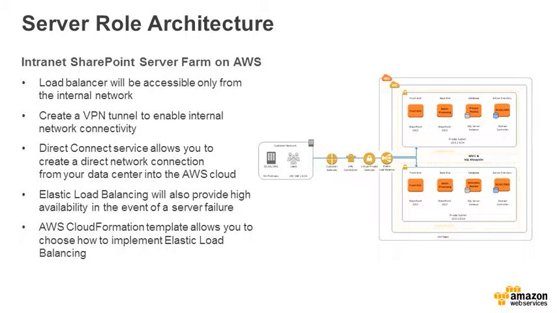Once you've spun up the environment, you can add a virtual private gateway to that VPC, connect that to your VPN device, and then extend your existing private network into the VPC. Obviously, this would require coordination with your network administrator to make sure you don't have overlapping IP ranges, things like that.